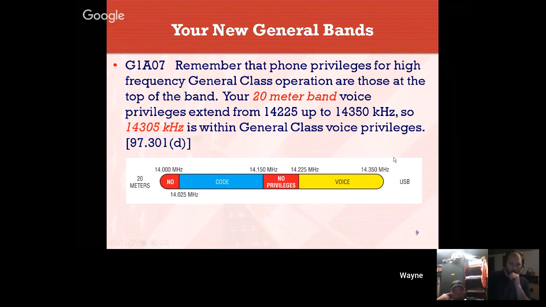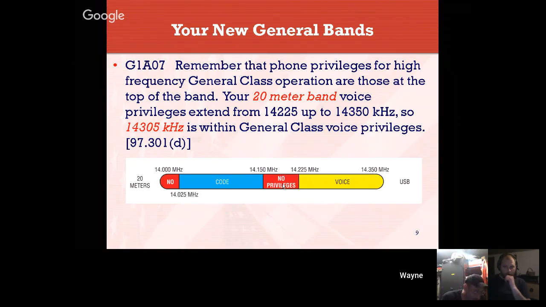So just so you know, when you get your extra class, you get some extra frequencies and they're less crowded. And honestly, if you're a DX chaser, a lot of people wonder why they should get an extra class license since you really don't get a whole lot of privileges added to what you currently have.